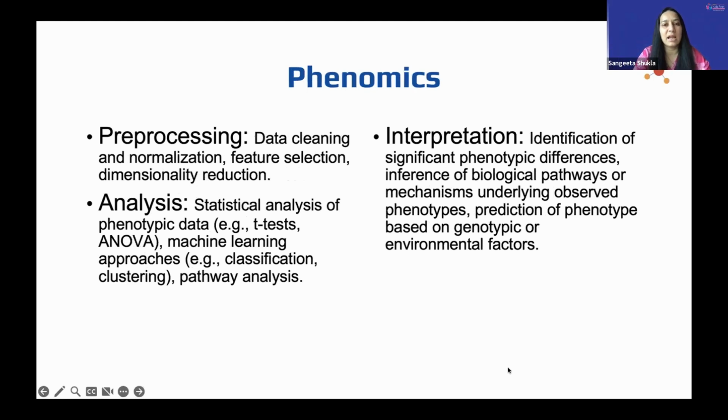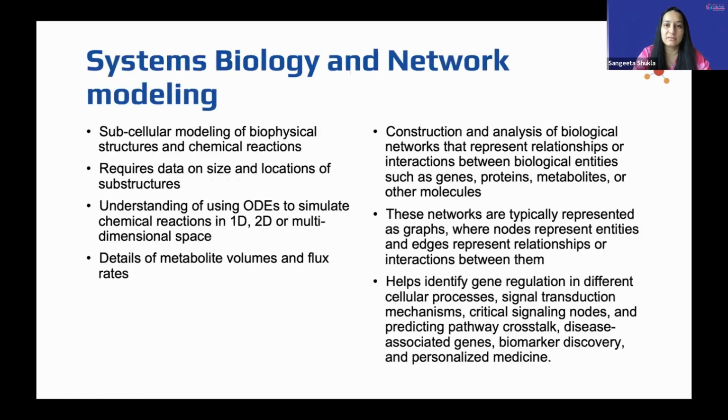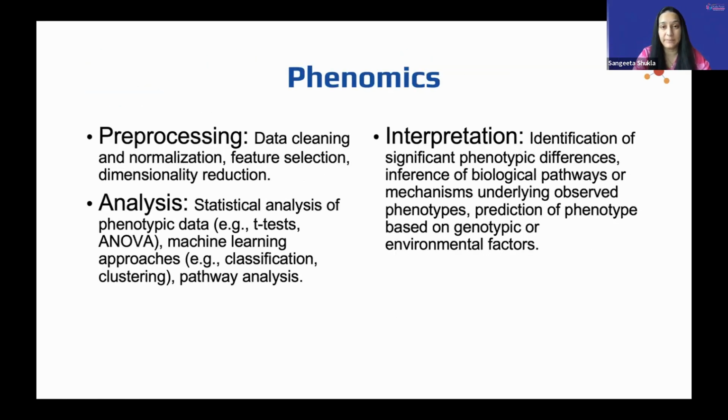And then once you have that understanding, we can also take it to the next level called phenomics, and then understanding systems biology and network modeling. Phenomics is all about investigating and understanding the phenotypic differences that the underlying metagenomics or metabolomics data or proteomic investigation may lead to, because all that data is at the genome level or at the proteome level to just understand the differences in the protein abundance or the gene expression levels.